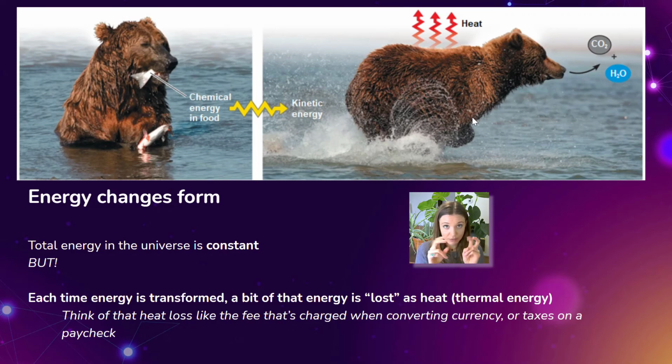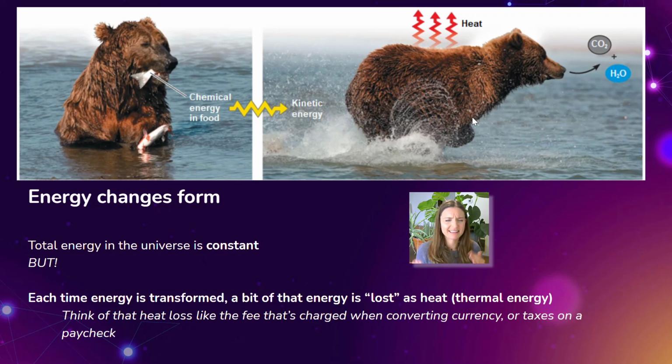A little bit is quote unquote lost to living organisms in the form of heat. So every time we transform energy from one form to another, a small percentage, sometimes not so small, but a percentage of that energy is going to leave the organism as heat. Okay, so it's going to radiate out from the organism to the environment. We say it's lost because living organisms can't use heat to generate more ATP.